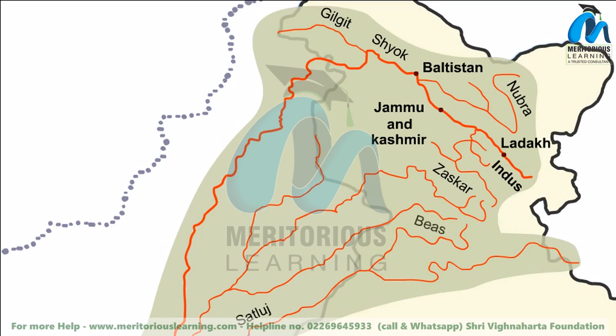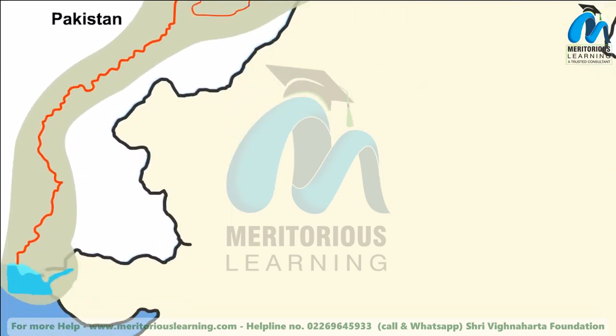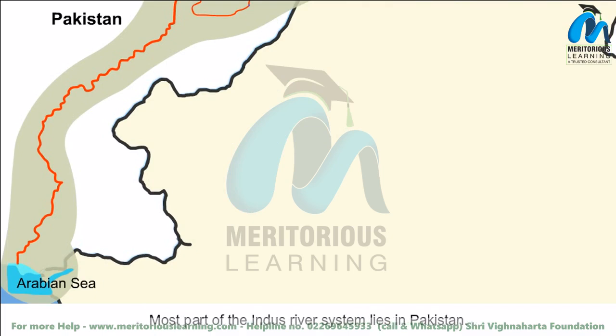Rivers Satluj, Beas, Ravi, Chenab and Jhelum merge at various points and join the Indus in Pakistan. Hereafter, the river flows southwards and drains into the Arabian Sea. Most part of the Indus River system lies in Pakistan.